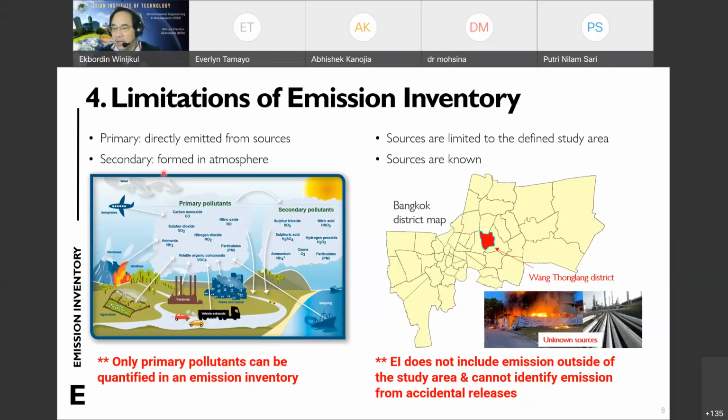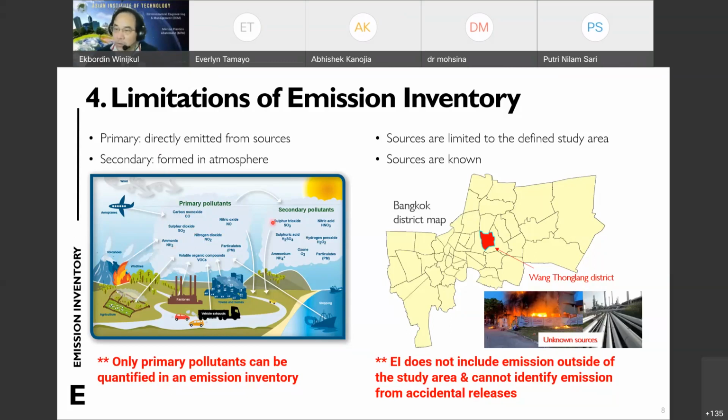A secondary pollutant is a pollutant that doesn't have a source of emission. It forms in the atmosphere. For example, if you look at this photo, you can see that there are different sources that emit primary pollutants in terms of particulate matter, NO, CO, SO2, and so on. So these pollutants are considered primary pollutants because they are emitted directly from the source.